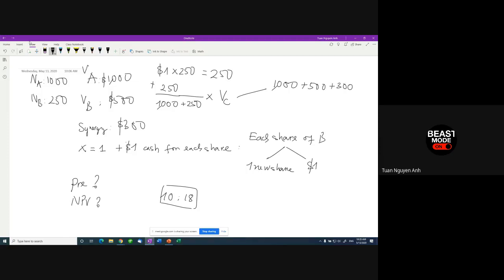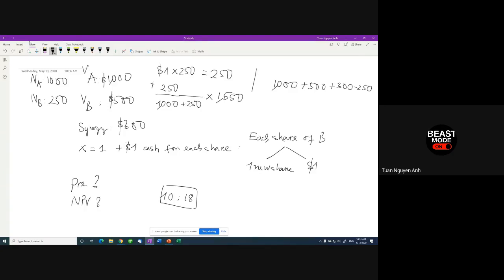But we pay out some money here, so minus 250. So the value of the new company C will be equal to 1,550.